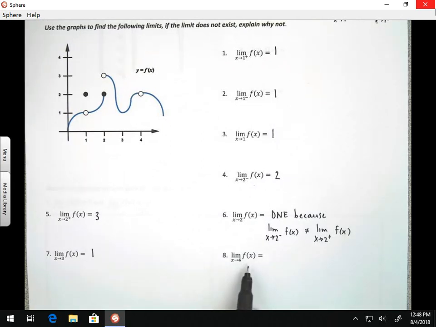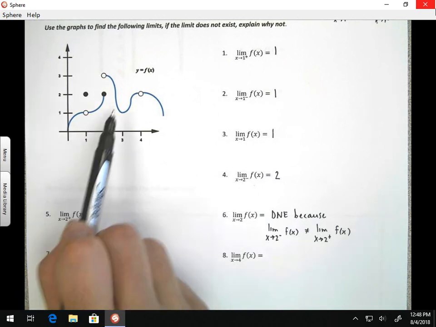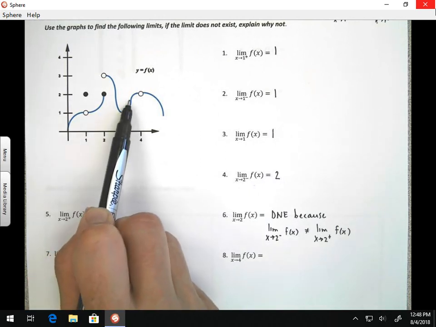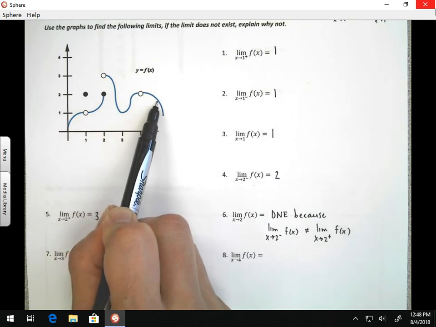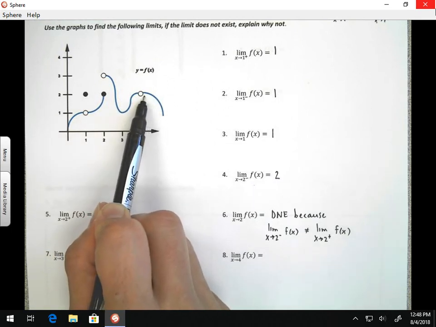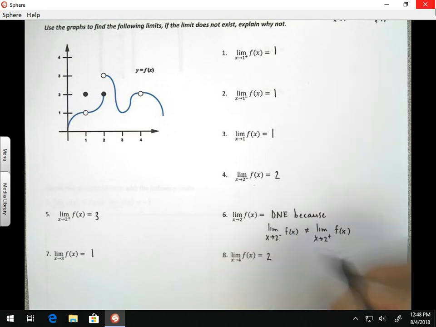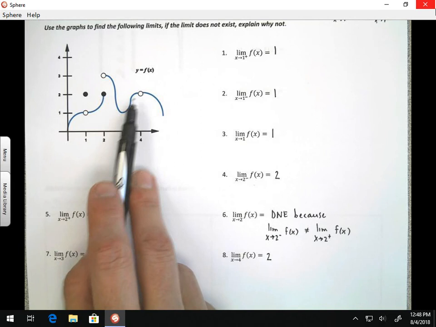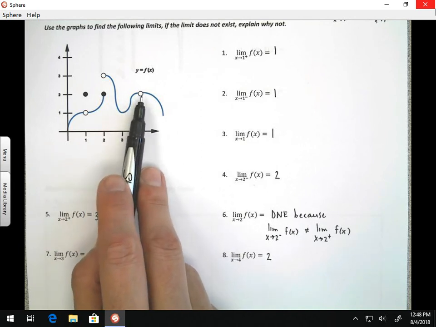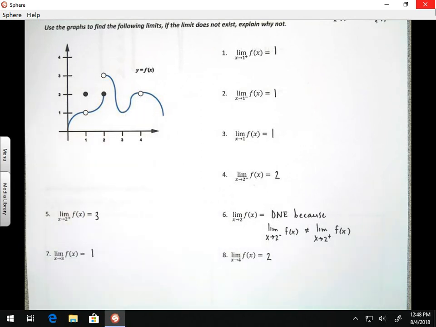At 4, if I approach from the left, I'm approaching a y value of 2, and the same from the right. Remember, the function value does not affect the value of the limit, because either way I'm approaching that y value of 2 even though my function isn't actually defined at that point.